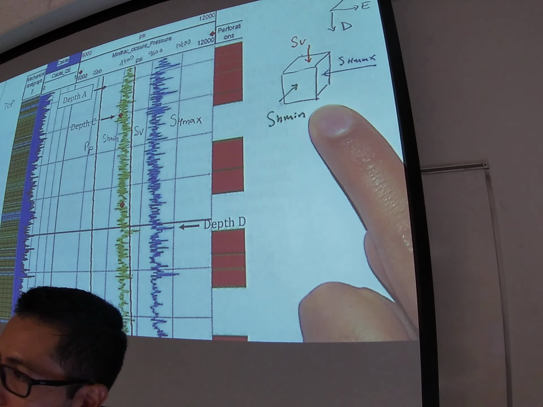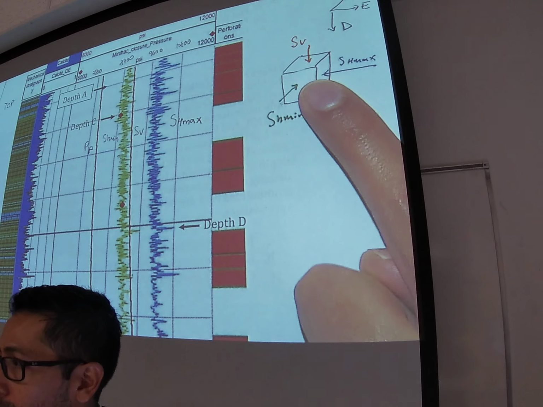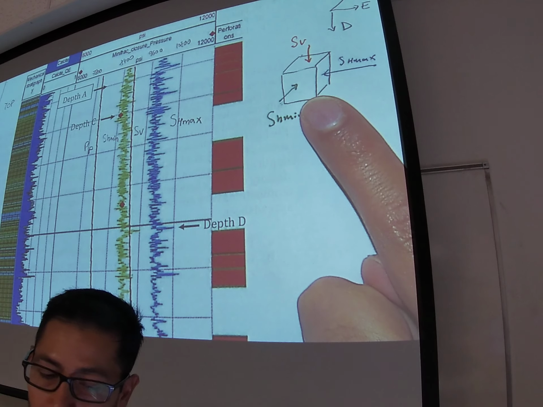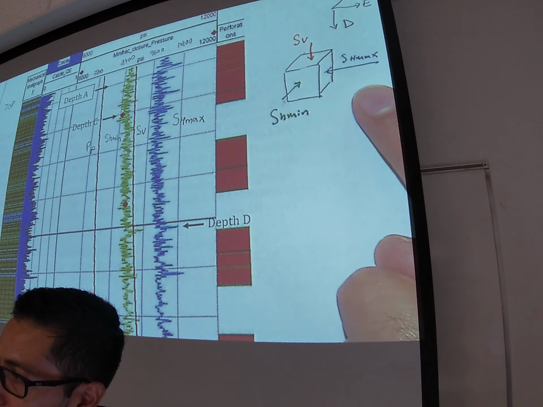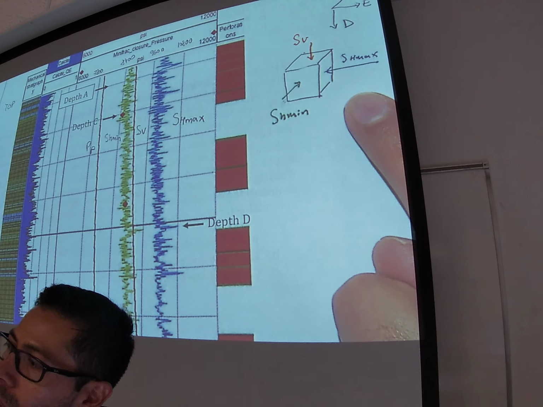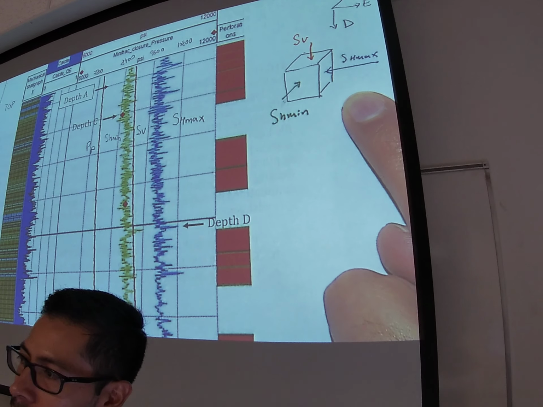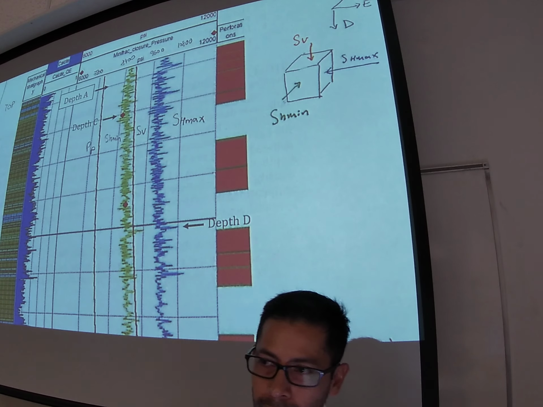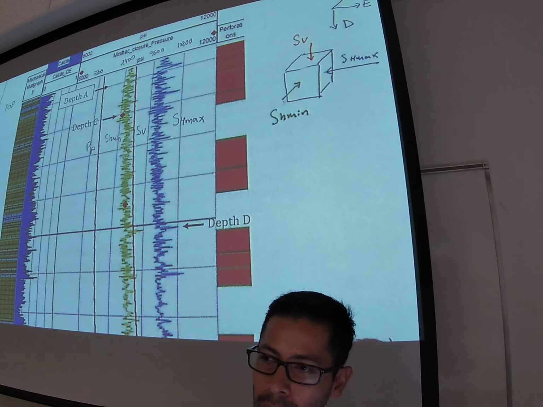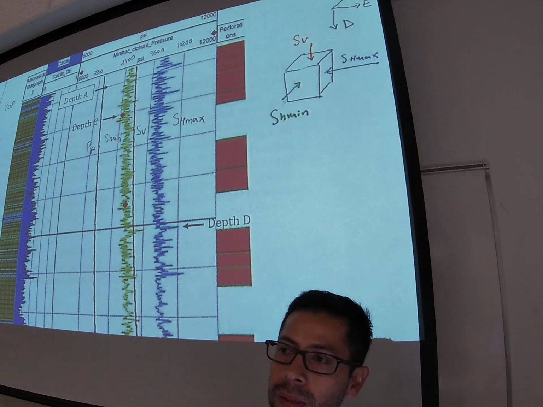If the vertical stress is a principal stress, the other 2 are also principal stresses, and they are perpendicular to each other. That's going to be the case. Is it true everywhere? In terms of principal stresses, yes.